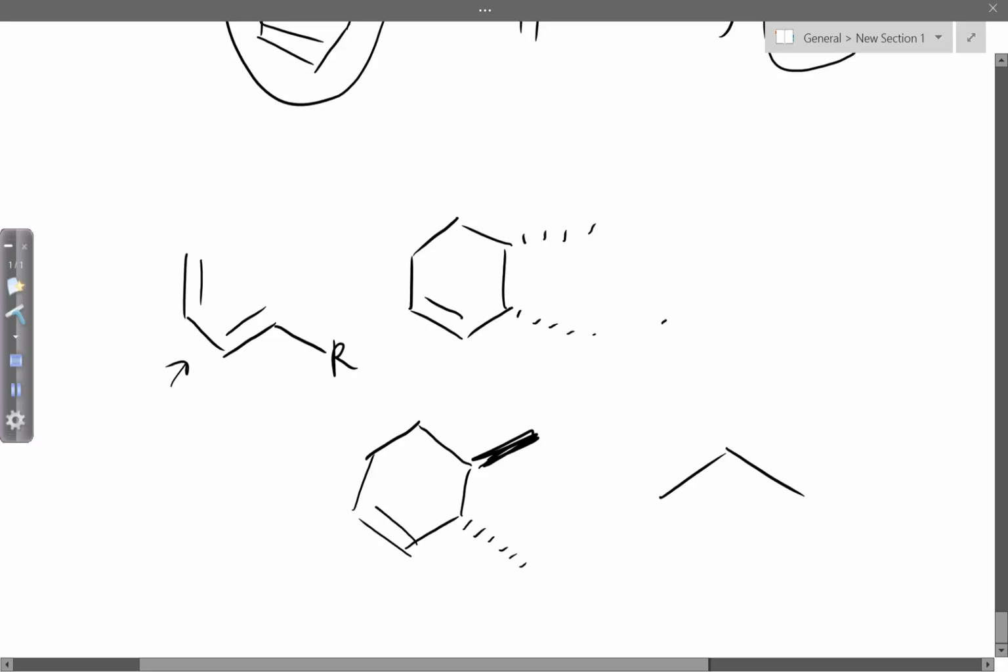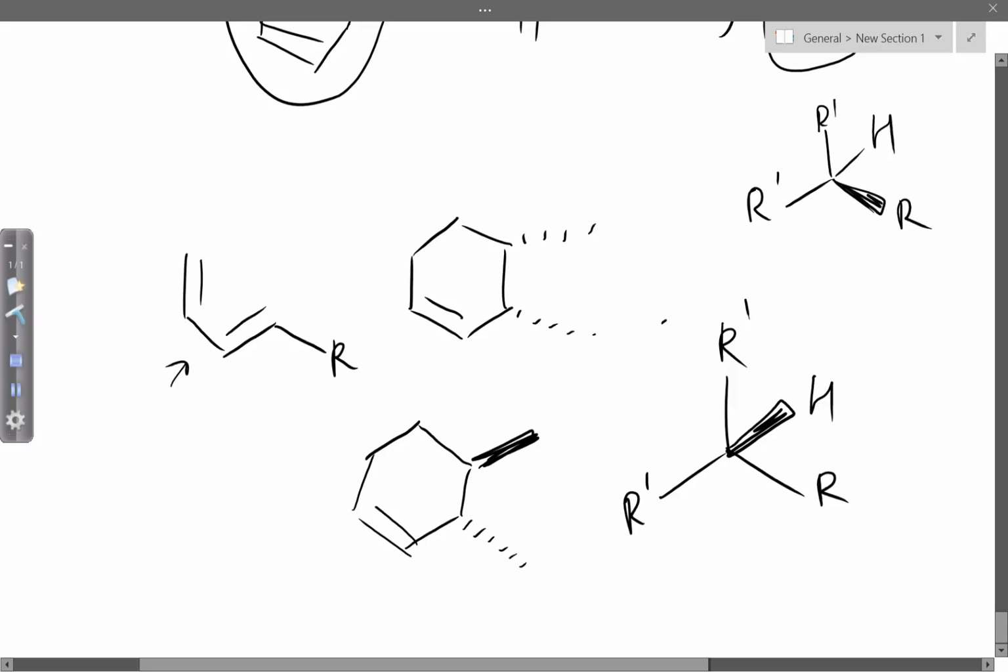Let's say I have a junction here, R, another group, and it cannot be H, sorry, R prime, and R, right? I can either draw it this way or this way, or this one coming out or this one coming out, correct? Need not be this hydrogen one. So you know how to swap between these few structures, correct?